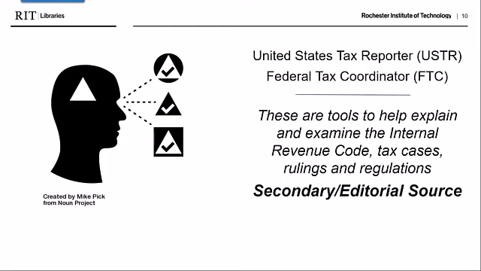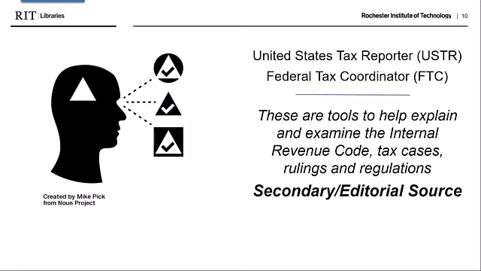And you do have some sources that help get you there when you're looking at the IRC code, or when you're reading a case and you think, I don't understand the opinion this judge came up with. These are our secondary and editorial sources.